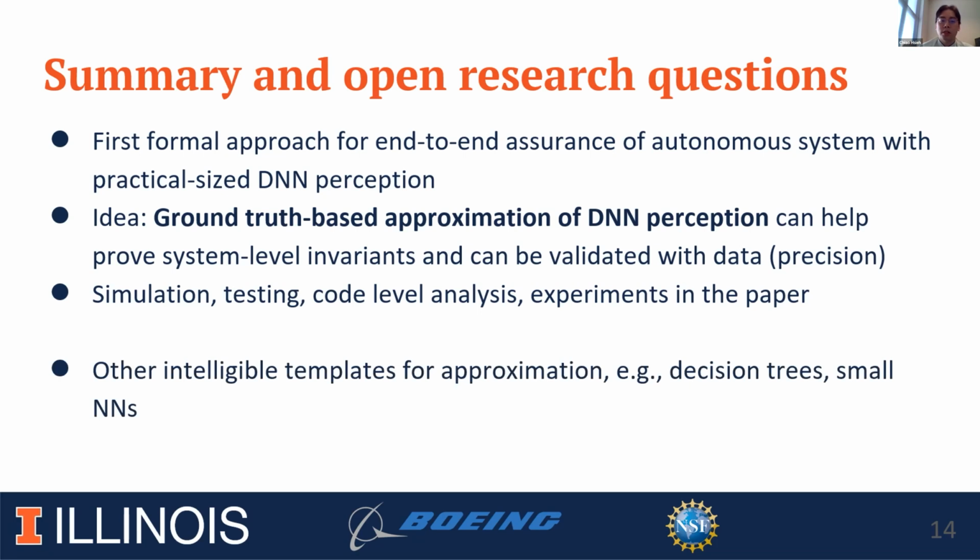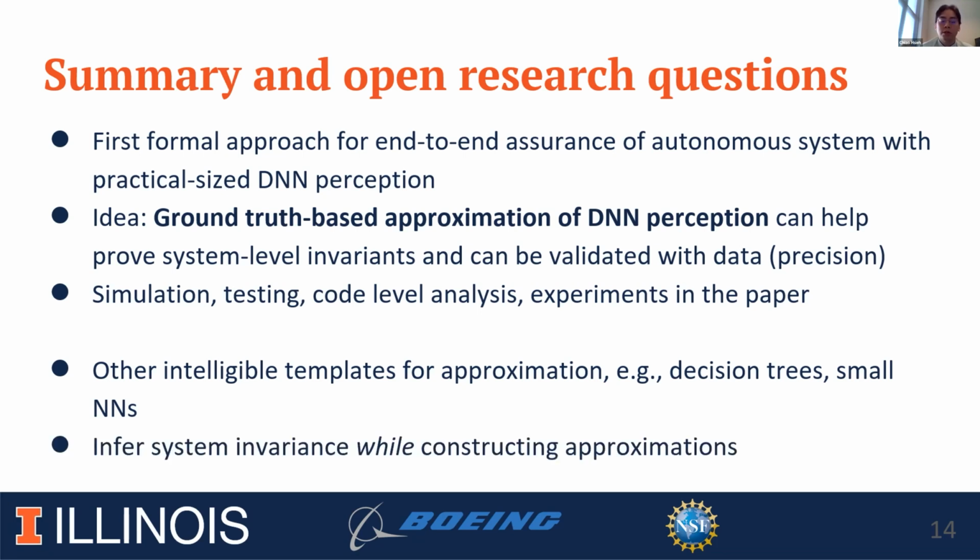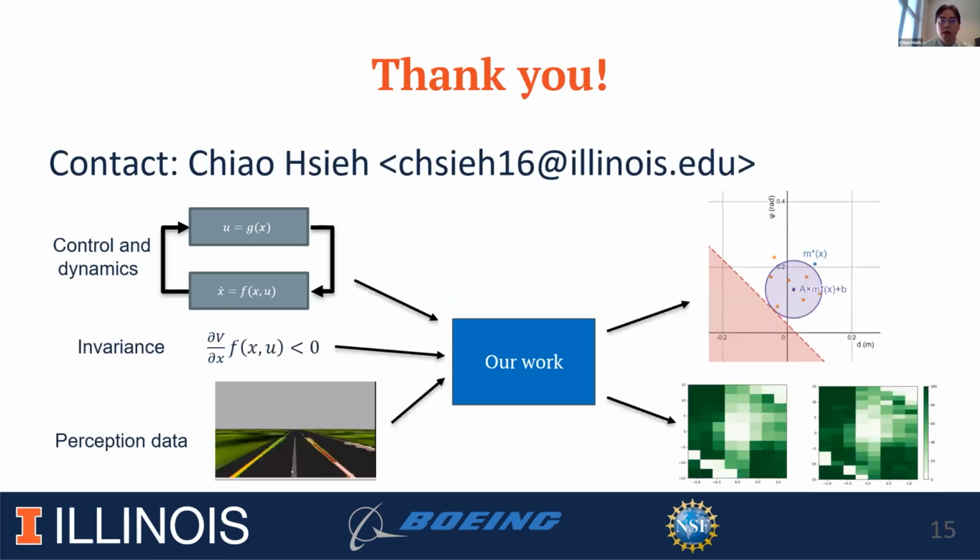This work suggests some future research directions to explore, for example, other intelligible structures such as decision trees, smaller neural networks, or adaptive partitioning. It would also be interesting to infer this system invariance while we are constructing these approximations. So this concludes my talk.